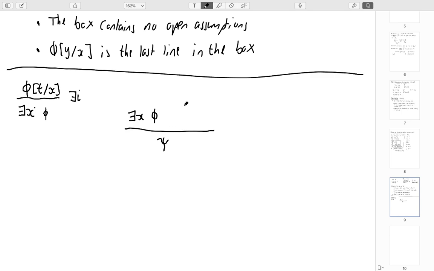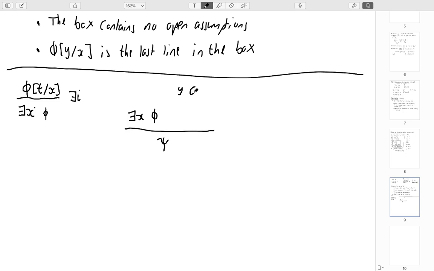So again, we want to deal with an arbitrary value. Let's call it y. Let's use a variable to talk about this arbitrary value, such that phi holds for that.